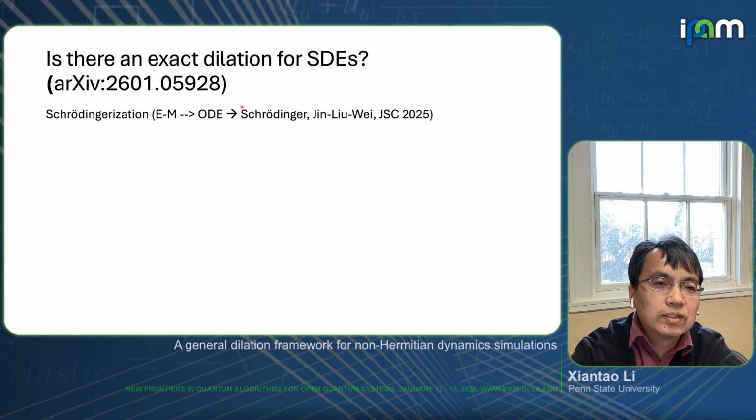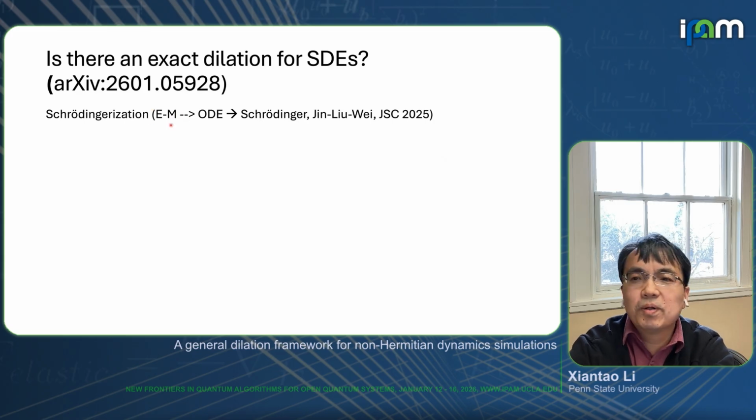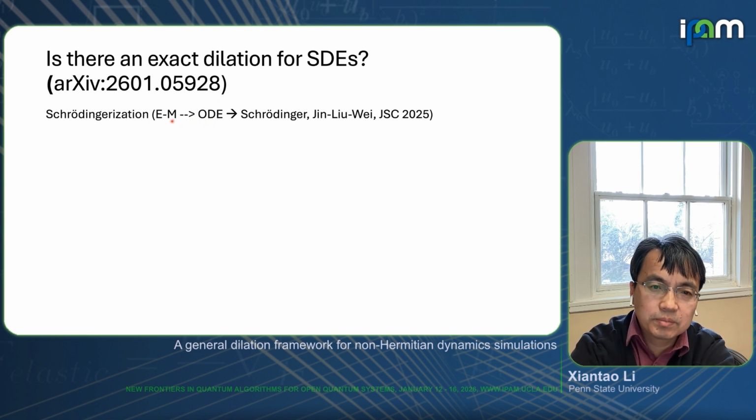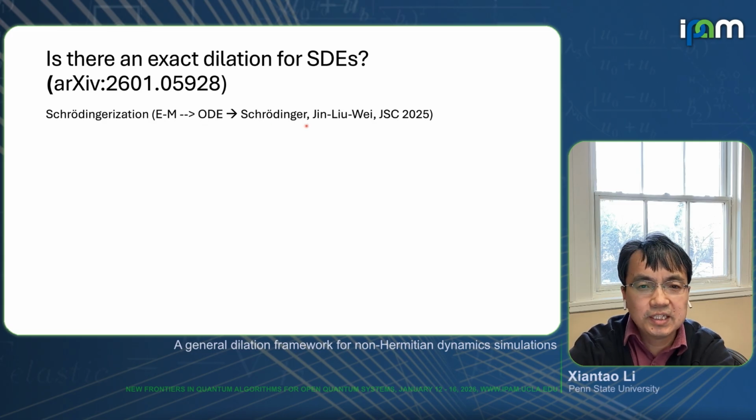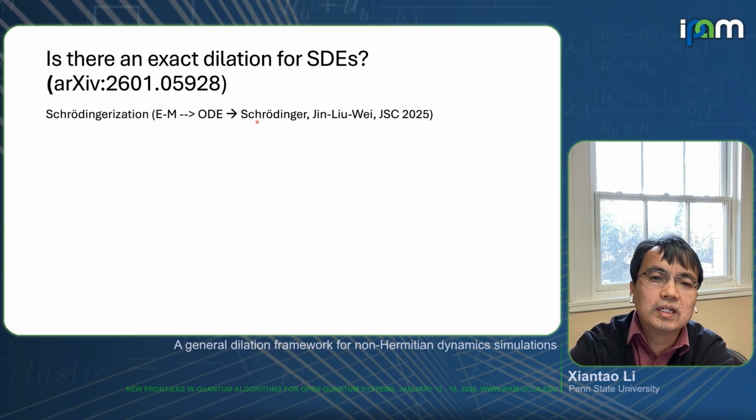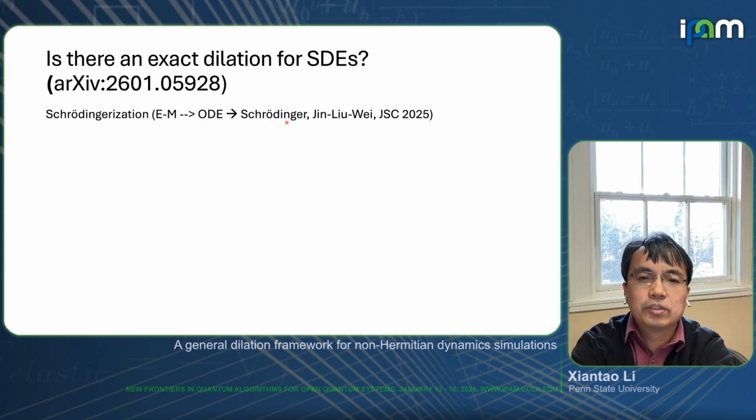One route is to apply some simple algorithm to discretize the SDE in time, for example, Euler-Maruyama, and turn it into many, many ODEs, right? Because for each choice of the Wiener process, you get a system of ODEs. And for these ODEs, you can use the previous dilation schemes. This paper used the Schrodingerization algorithm. So this is one way. You can turn it into many copies of the Schrodinger equation.